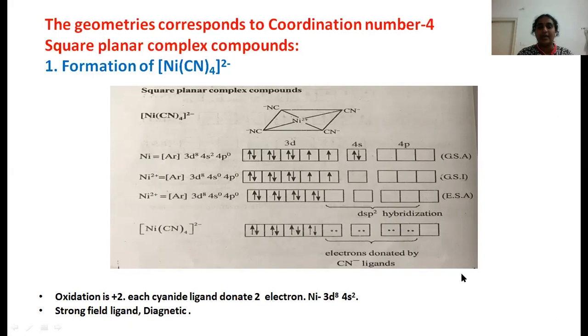Whenever cyanides, which are very strong field ligands, come closer to nickel, pairing of electrons takes place, and one d orbital becomes empty. So one d, one s and two p orbitals go into hybridization and form dsp2 hybridization. To these four orbitals, four ligands donate electrons and form the square planar complex.